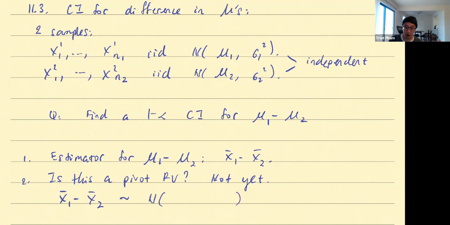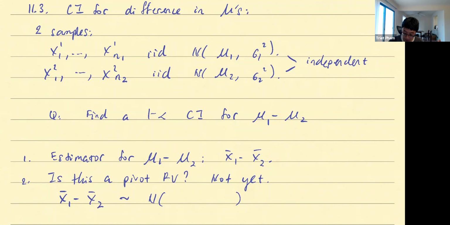But normal is not enough. Normal with what mean, what variance? And what Samuel said is not incorrect, it's a difference of two normals. And the difference of two normals is normal because they are independent. But ultimately it's normal with what mean and what variance.